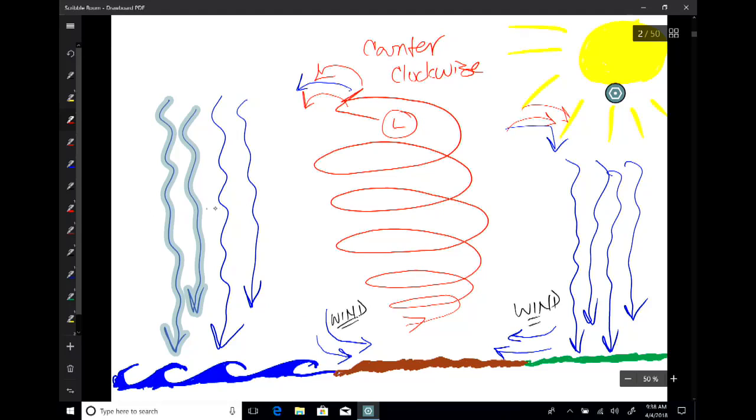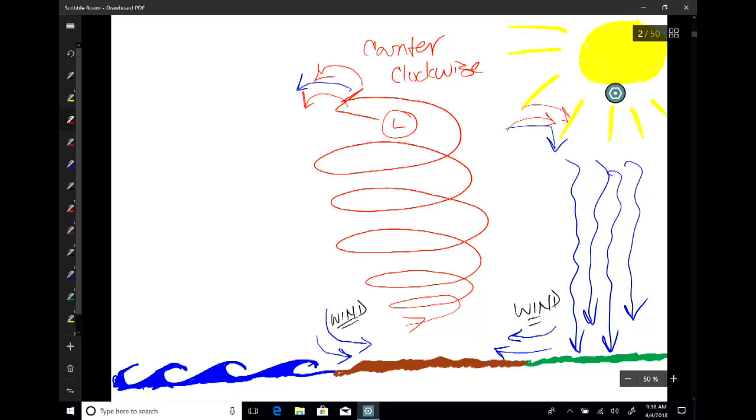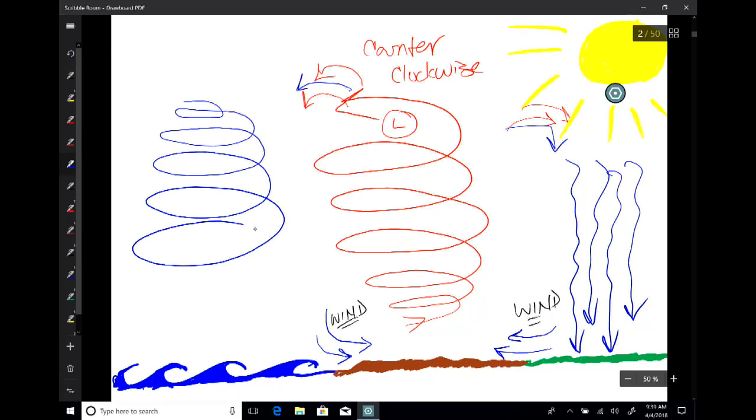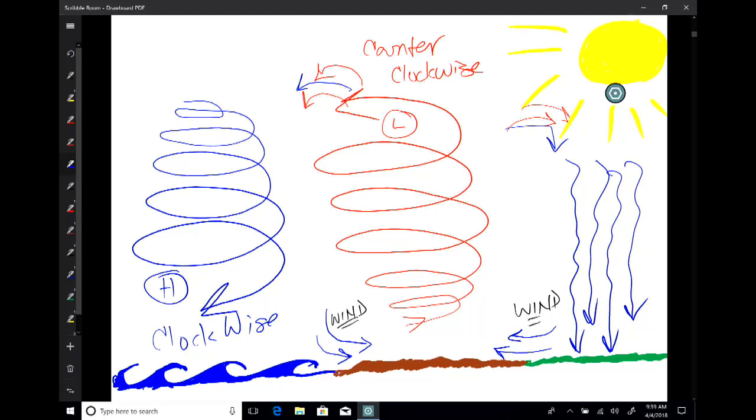Conversely, as the cooler air is circulating down, which way do you think it's moving? It's moving clockwise and becoming a little greater pressure. So we have lower pressure going up, circulating counterclockwise, and higher pressure moving down, circulating clockwise.